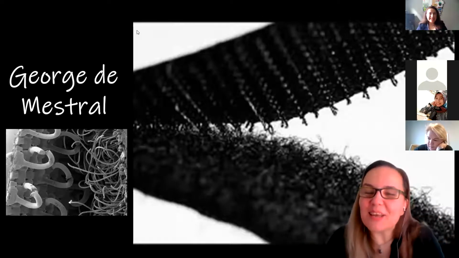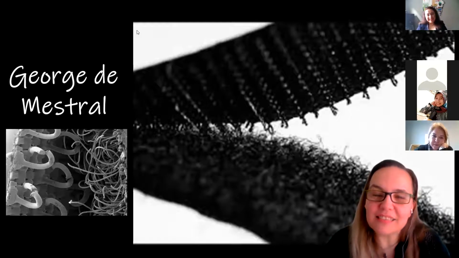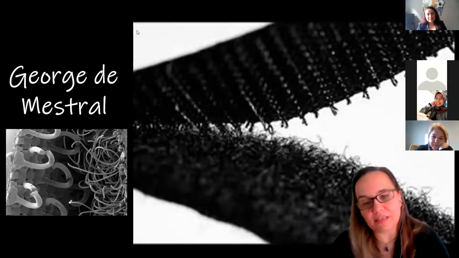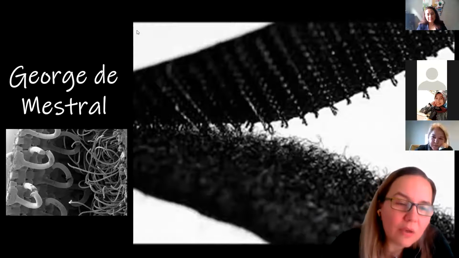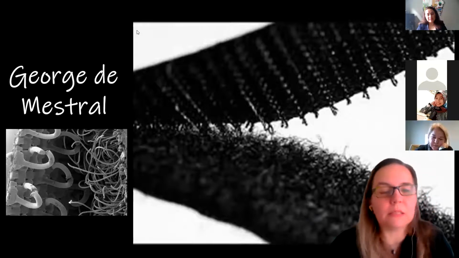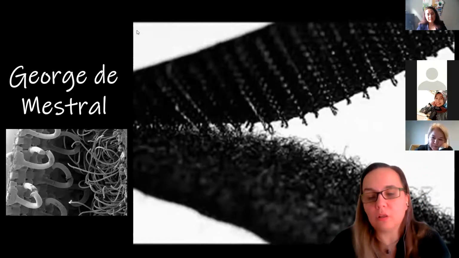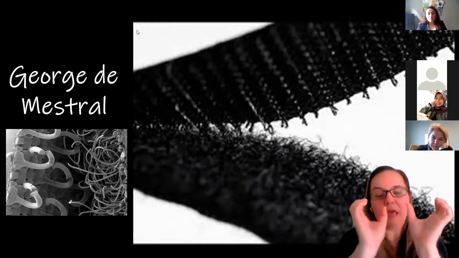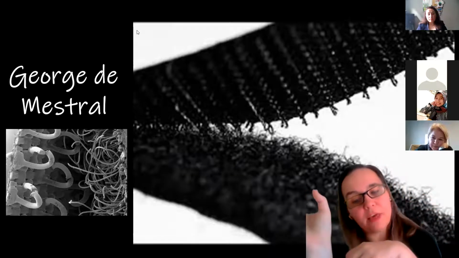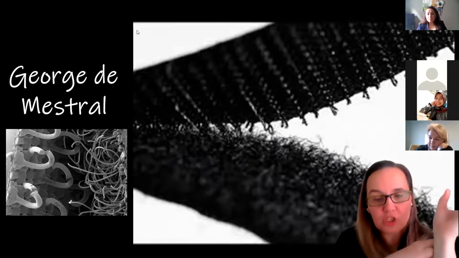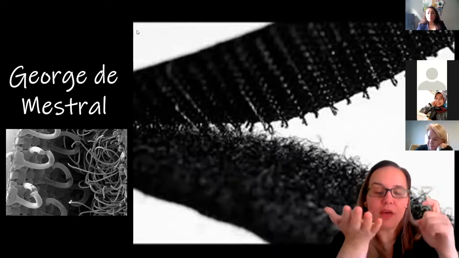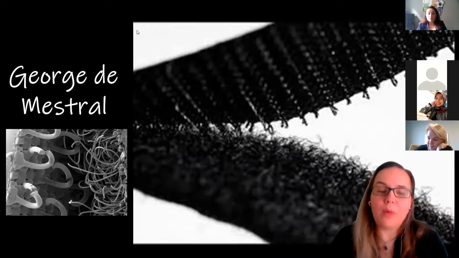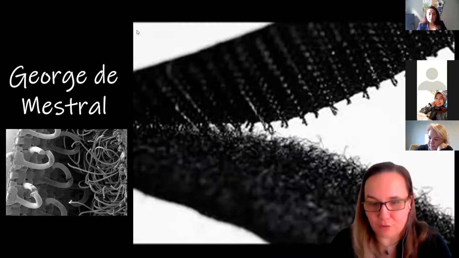Yes, okay. So on this side, he created hooks, and on this side, it's a soft fabric. So in a microscopic view, this is it. And George de Mestral was the inventor of Velcro, the name Velcro being made up of two French words, velvet and crochet, meaning hook. So velvet and hook made the famous Velcro.